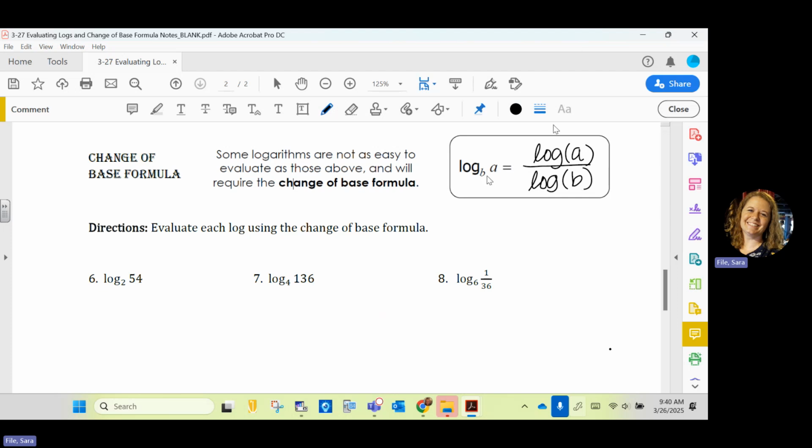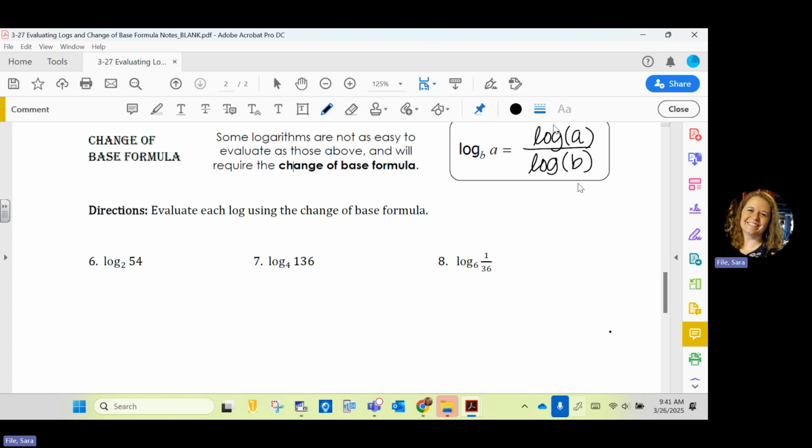So b was originally the base, it's not the base anymore. Now these are both base 10, and we're taking log of a over log of b. So you can rewrite any log to a common log using change of base.